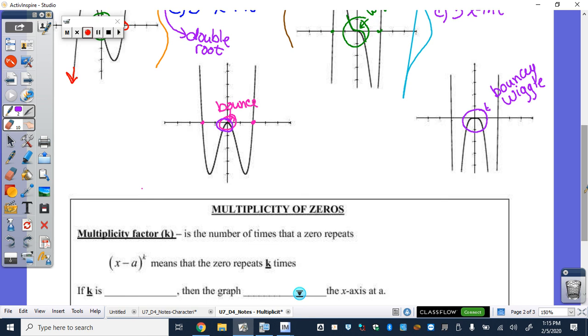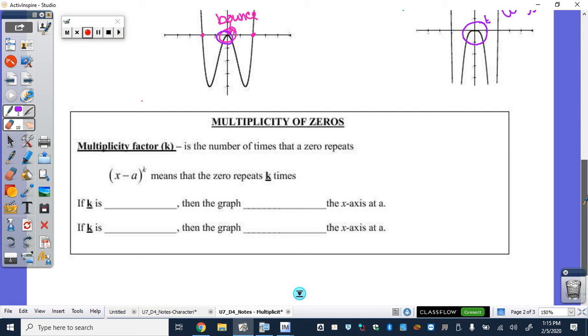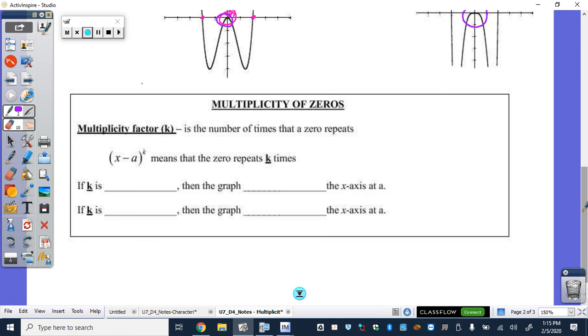Yep. It does just kind of expand a little bit more the more times that 0 is there as a root. So our multiplicities of zeros, what ends up happening is you look at the exponent there. That tells you how many times that root is a 0. So if k, which is your exponent, is an odd number, then the graph crosses the x-axis at that value.